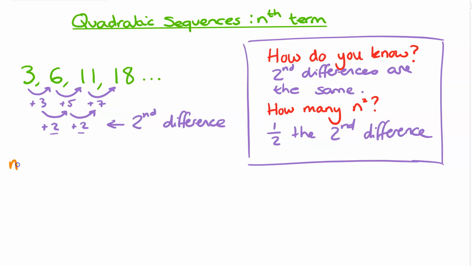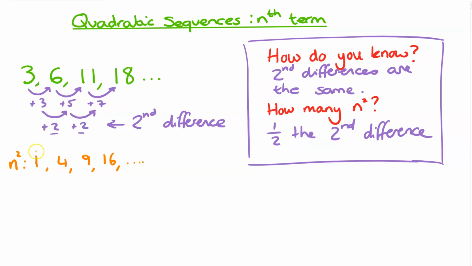That sequence is 1, 4, 9, 16, the square numbers. But they're not the same as the green numbers, so I need to adjust them slightly.